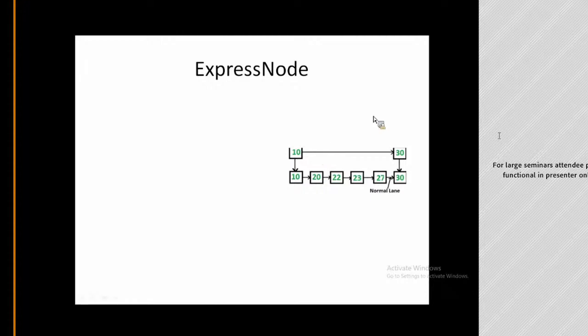I'm talking about this express node, that is the top one. I have to create a structure like the linked list structure. You said struct node, curly bracket, int data, struct node pointer.